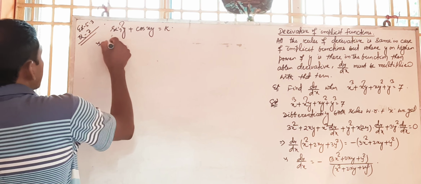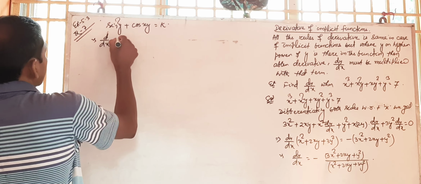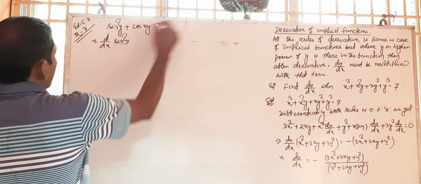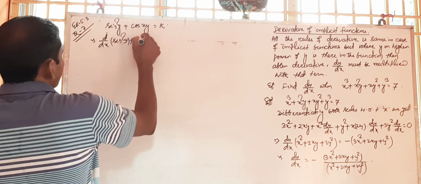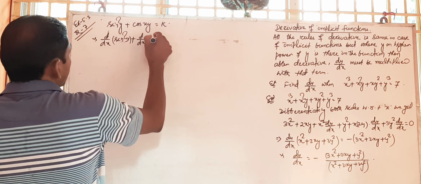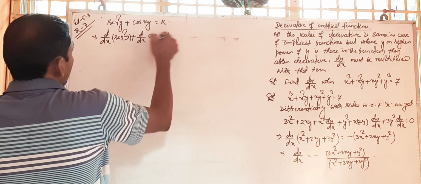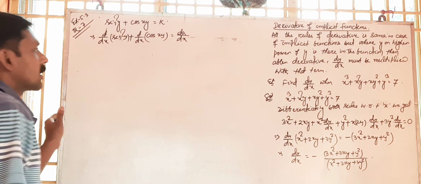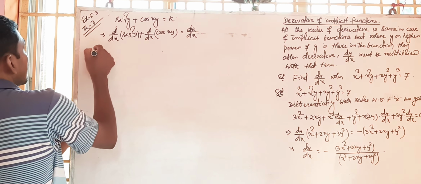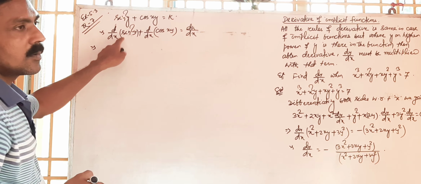So this implies d by dx of sin square y plus d by dx of cos xy equal to d by dx of k. Now first there is the chain rule.